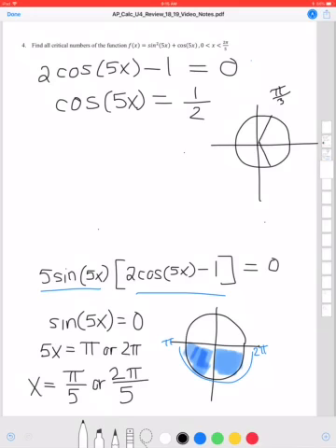So if I'm counting 1/6, that's 2/6, also known as pi over 3. And 1/6, 2/6, 3/6, 4/6, 5/6, 6/6, 7/6, 8/6, 9/6, that's 10/6, also known as 5 pi over 3.